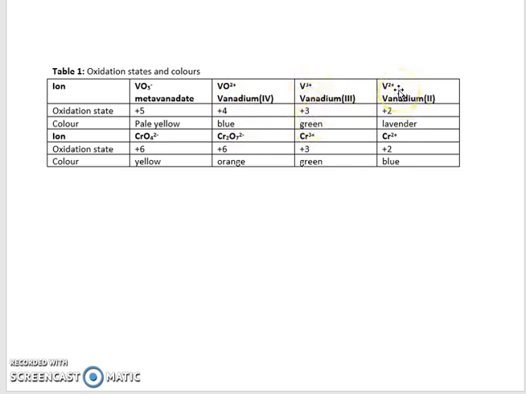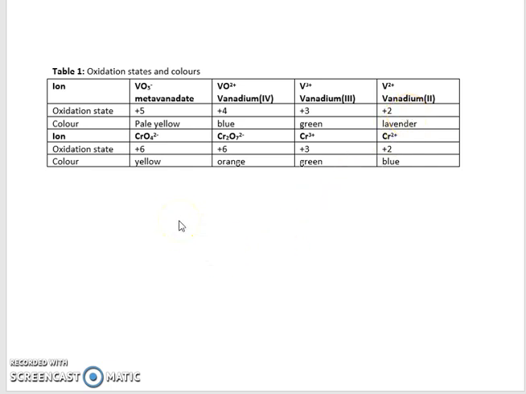And here you've got vanadium 2+, oxidation state of +2, and the color is lavender. You will be using V2O5 and you will be adding zinc that will be reducing your vanadium, and as you add your zinc you'll see different colors. Depending on the color, it will give you a particular oxidation state.